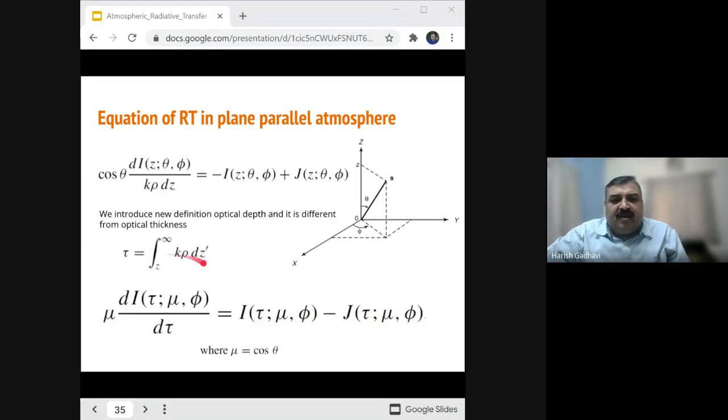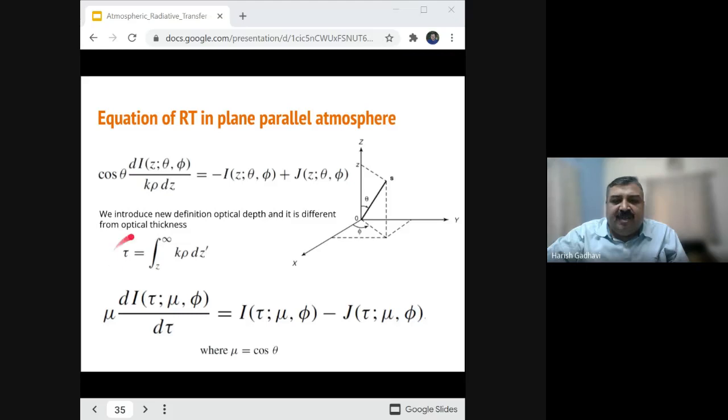Now we are defining a new quantity called optical depth. Optical depth is the integration of the extinction coefficient in the vertical direction, in the direction of z. So we are talking about integration only in the vertical direction.